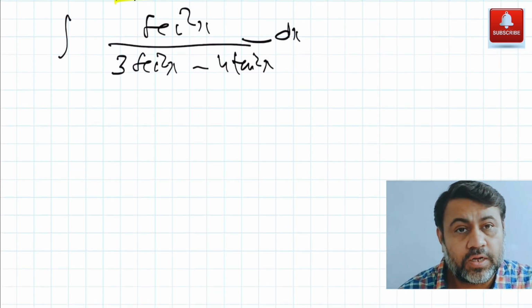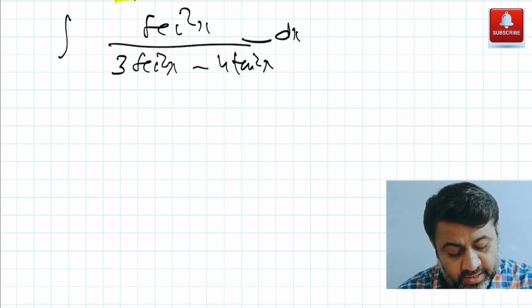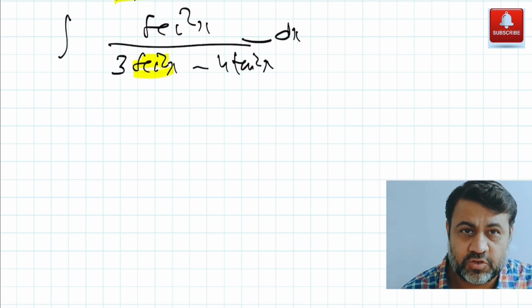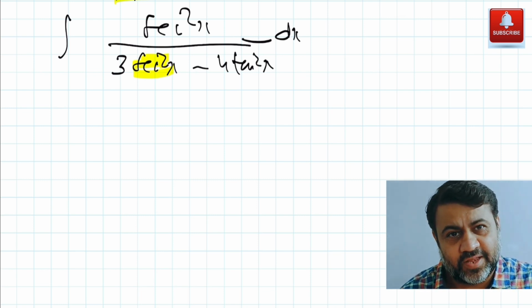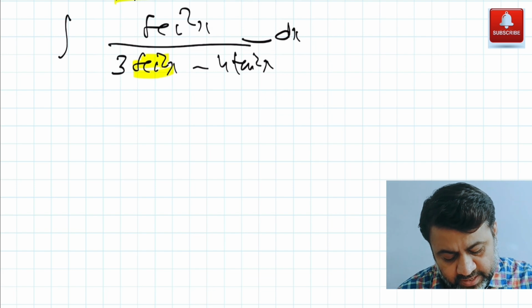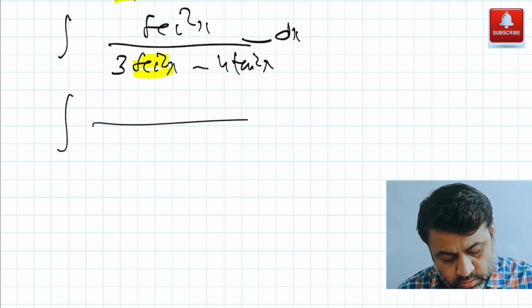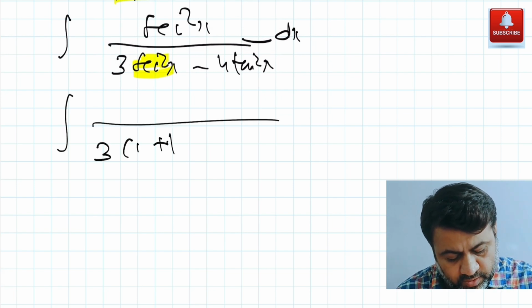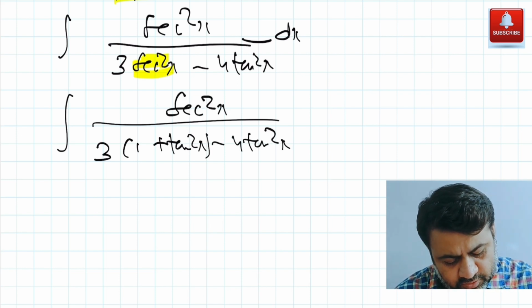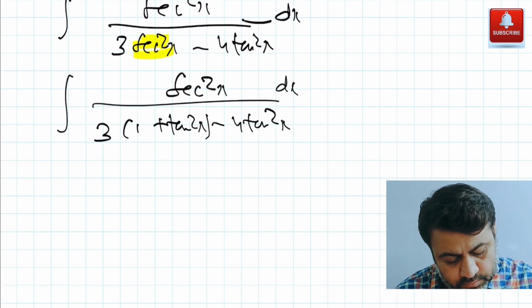But what about sec square x in the denominator? What to do with this sec square? Like the previous question, here also I am going to write sec square x in the denominator as 1 plus tan square x. So we get 1 plus tan square x minus 4 tan square x, and in the numerator sec square x and dx as it is.